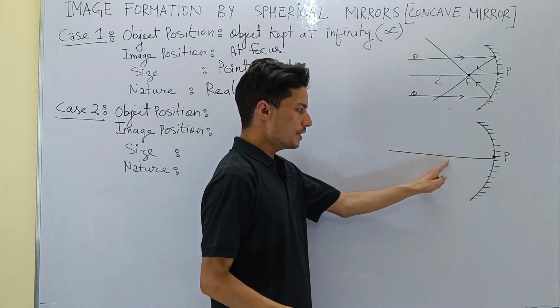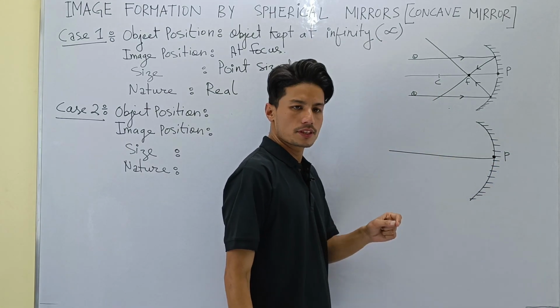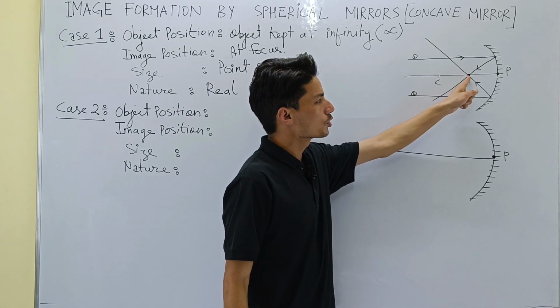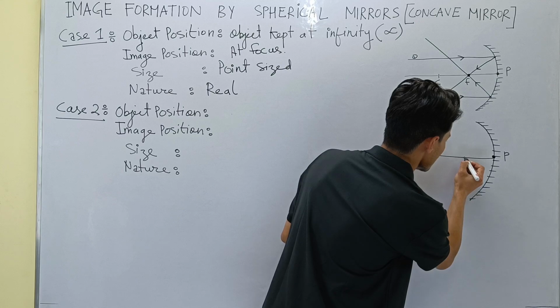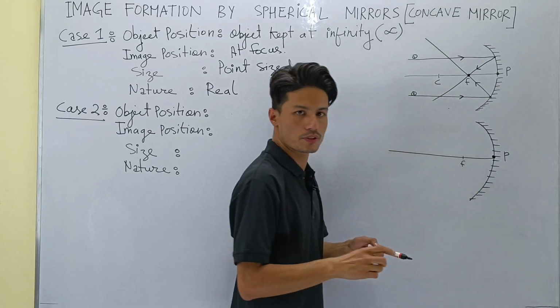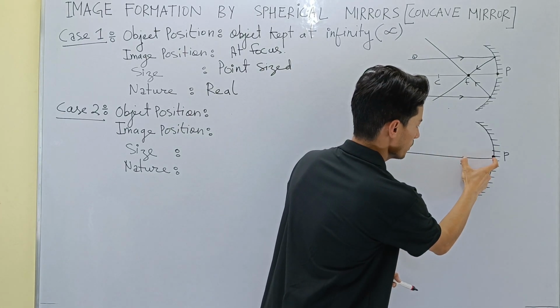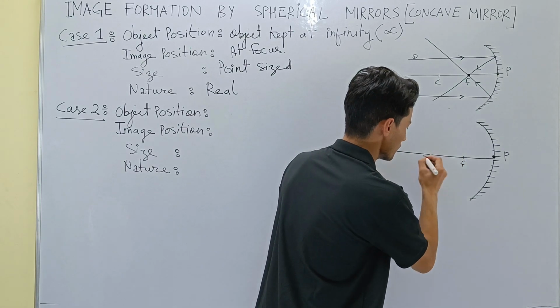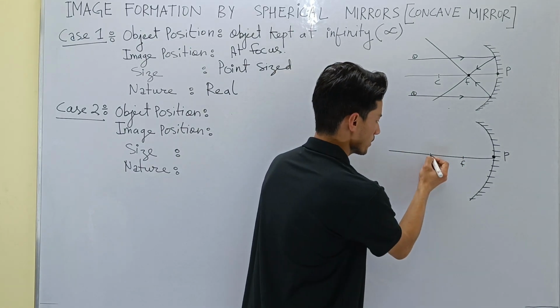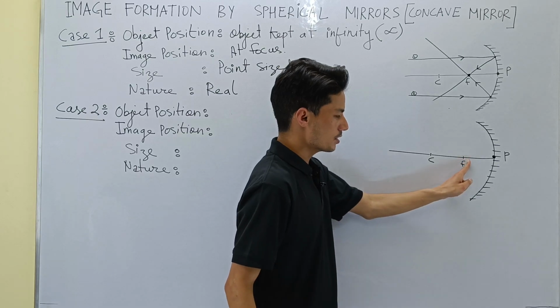Immediately after you draw the principal axis, you have to show the focus and the curvature. So let's say this is the focus. I will take the measurement of this much, so the C is here. This is my center of curvature, this is the focus, and this is the pole.